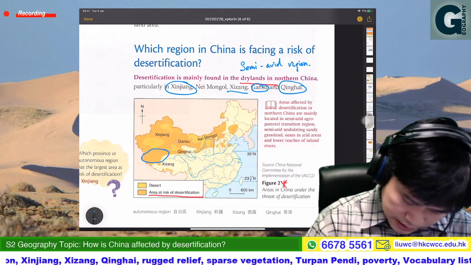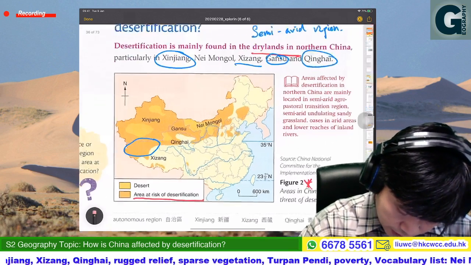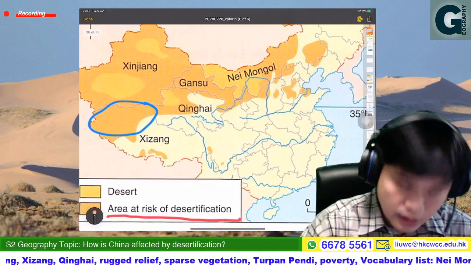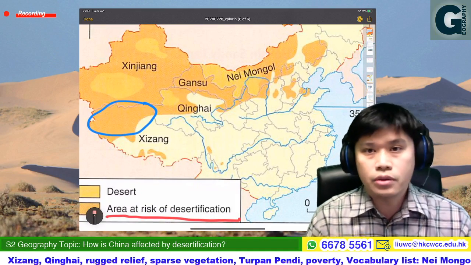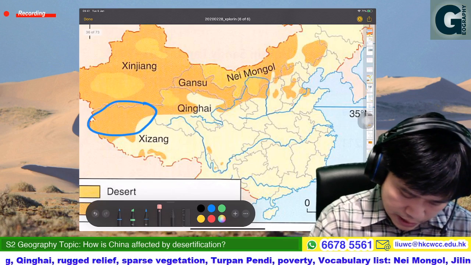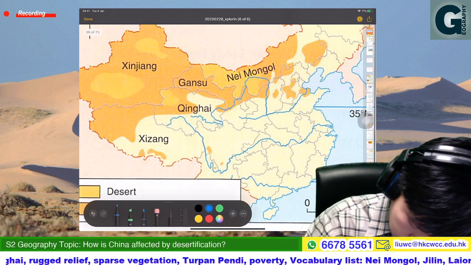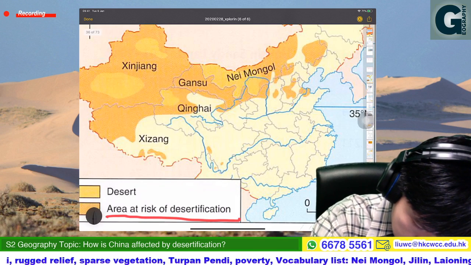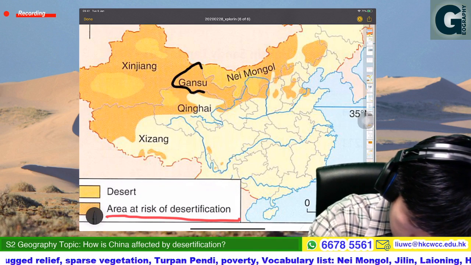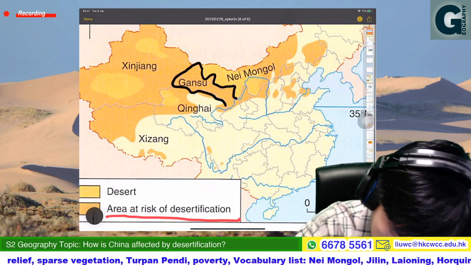Let's have a look at this province. Let me enlarge this map, or you may refer to your school atlas. You will see that. 江苏甘肅省.